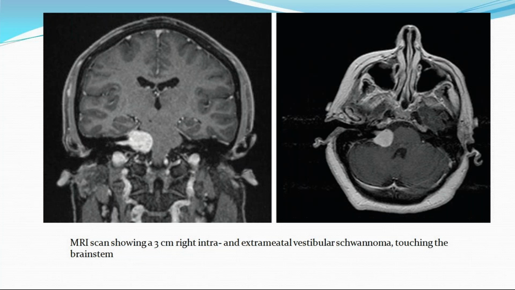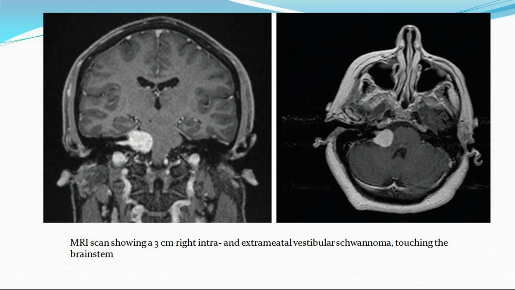Bone erosion in acoustic neuroma is primarily due to pressure effect and secondarily due to new angiogenesis, or new vessel formation, or increased blood supply because of the tumor. But the bone resorption or bony destruction is mostly due to pressure effect.